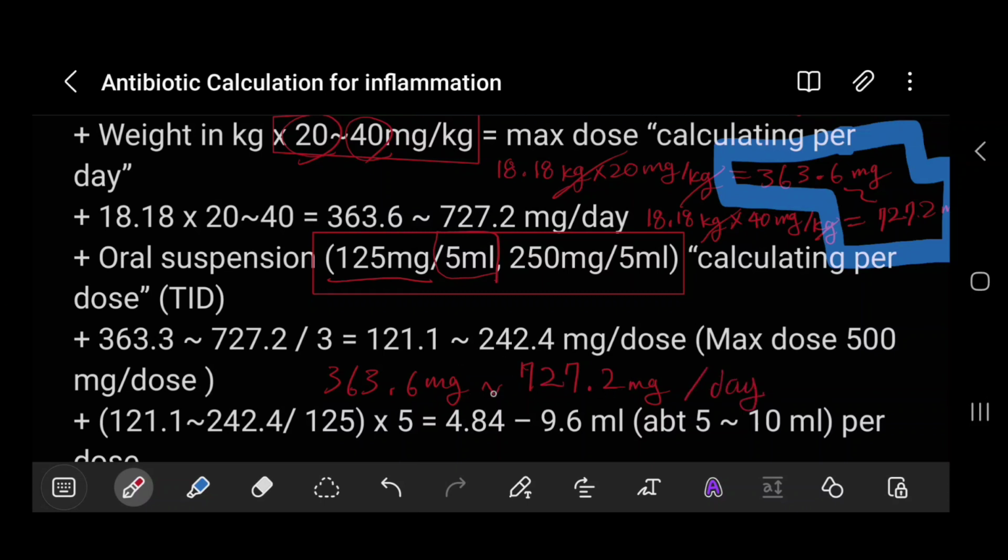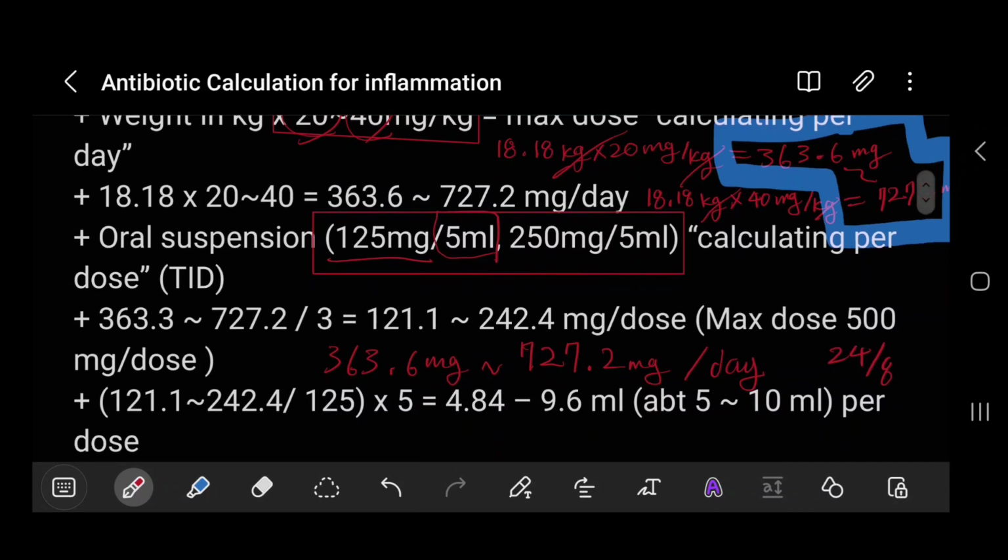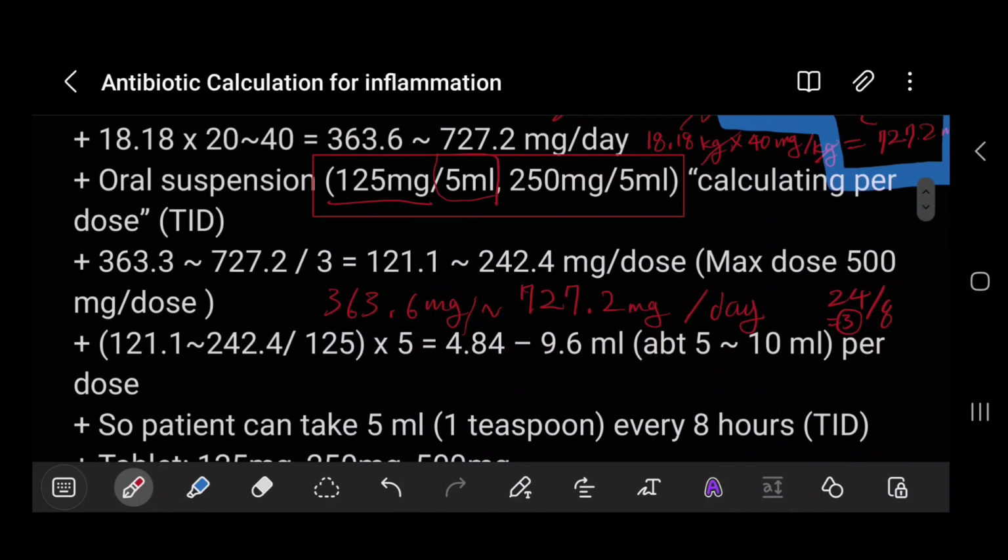So amoxicillin is given every 8 hours. So we need to divide it. If you divide 24 hours by 8, then it'll be 3, right? So every 8 hours, if we give amoxicillin, we need to give 3 times in a day. So we are going to divide these numbers by 3.